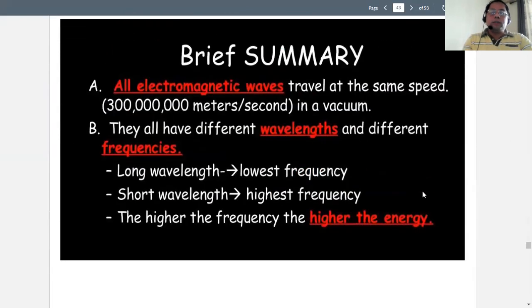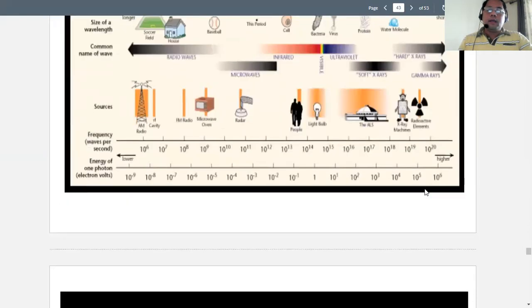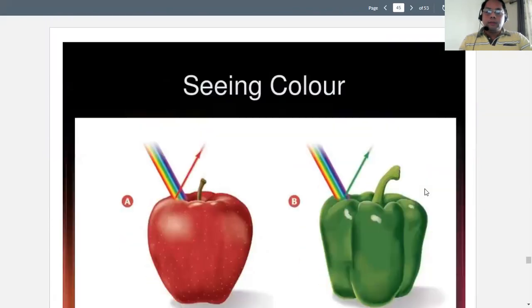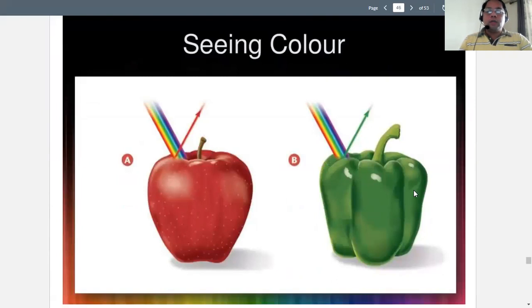So here's some of the summary now of our electromagnetic waves. And again, you can go through all this if you have time. Okay, so seeing color: we see red because light strikes the surface, and the ones that reflect and go to your eyes are the red color.